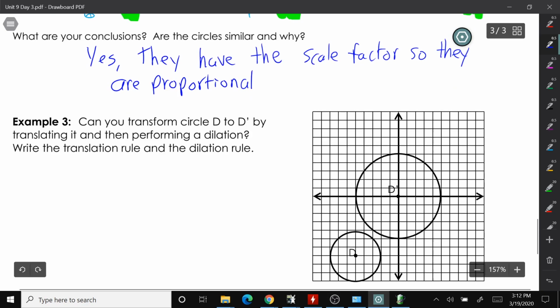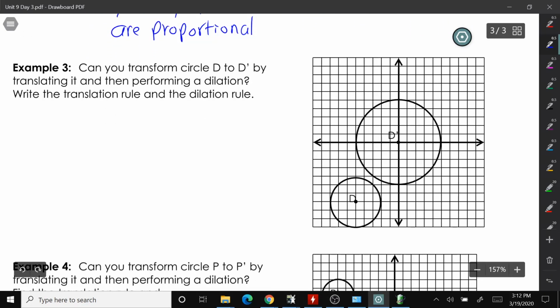Alright, in example 3, it's asking, can you transform circle D to D prime by translating it, then performing a dilation? Write the translation rule and the dilation. So we want to first translate D to D prime, so we want the centers to match up.